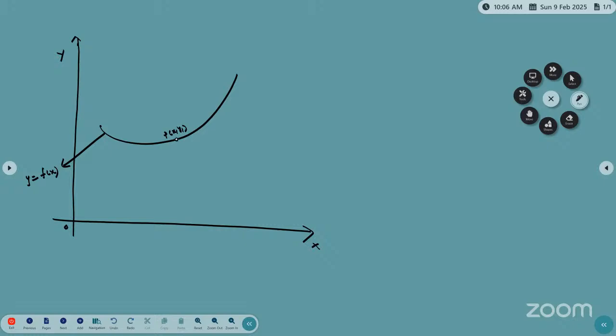Here, P is (x1, y1), any point on the curve. What is this line? Good. Which line is that? Tangent.